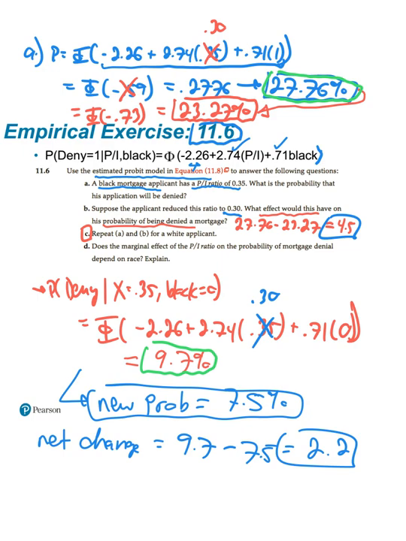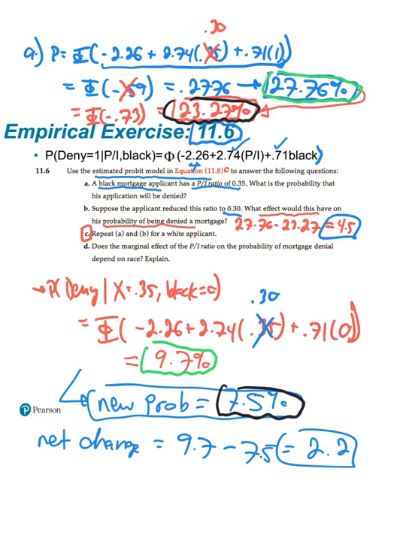And when you look at the new probability, we're comparing 23.27 to 7.5. Again, a 3 times higher likelihood of being denied, assuming the same exact level of the PI ratio, simply for being black.